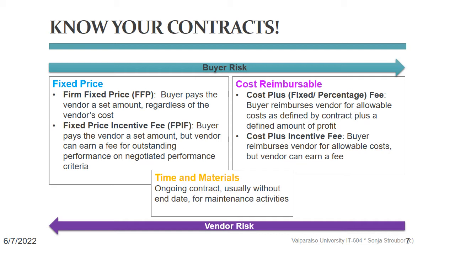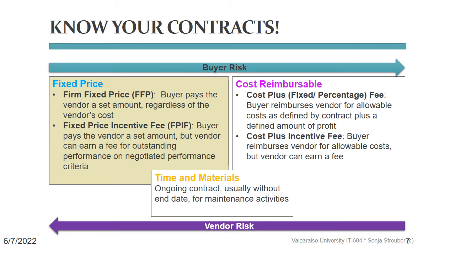Fixed price contracts are the least risky for the buyer, that is you, because you negotiate one price at the start of the contract, and that is what your supplier gets paid at the end. Now, even with a negotiated delivery date, which is usually called a period of performance, in place, suppliers may decide to miss that deadline if a better contract from a different buyer comes their way.